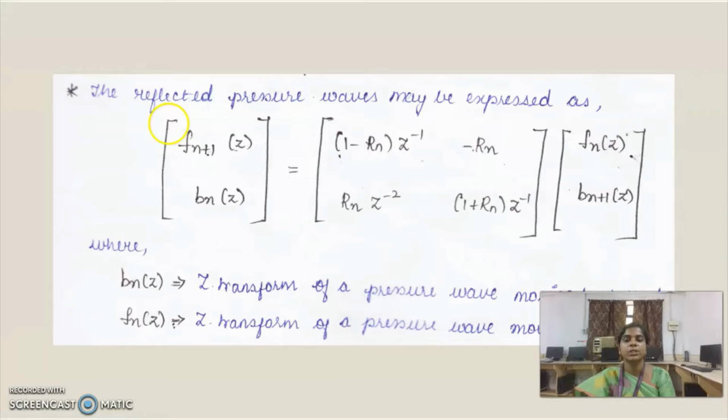The reflected pressure waves are expressed by this matrix, taking into account the forward reflection coefficient and the backward reflection coefficient, considering the forward-moving wave and also the reverse wave.